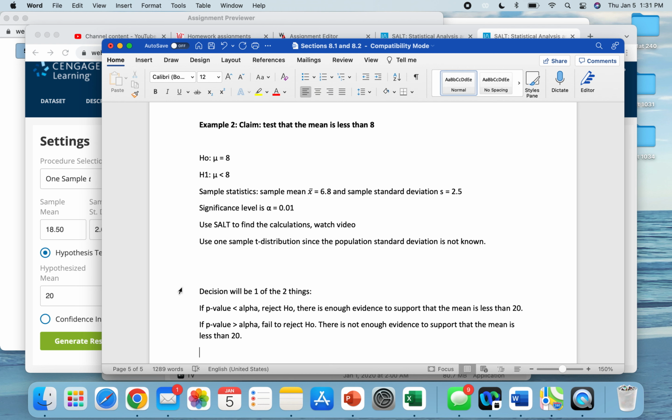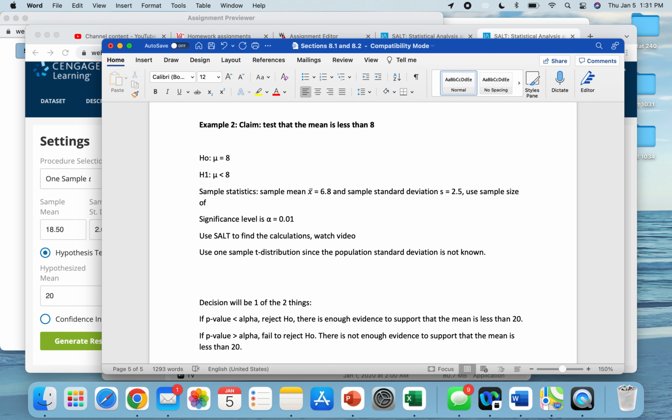Example 2, test the claim that the mean is less than 8. That would go in the less than. I'll just make up a sample size of 45. This time it says significance level is 0.01, and remember that is alpha, the Greek letter alpha.